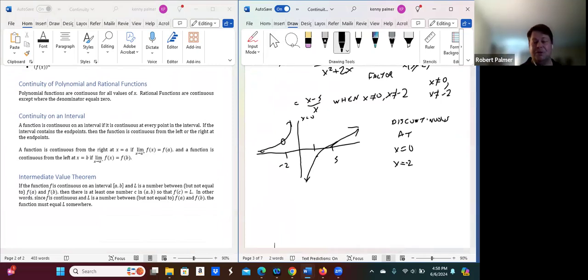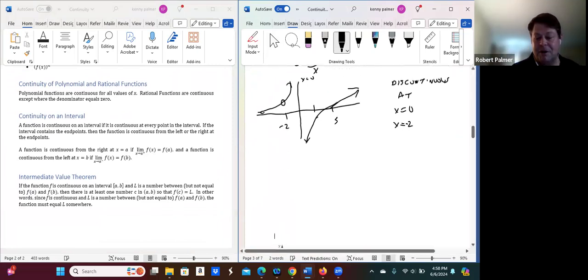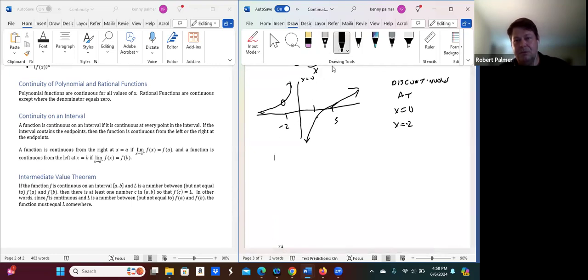Rarely does an interval go from infinity to negative infinity in real life. Often we have to just take a part of a function, so we have to think about an interval. Continuity on an interval.